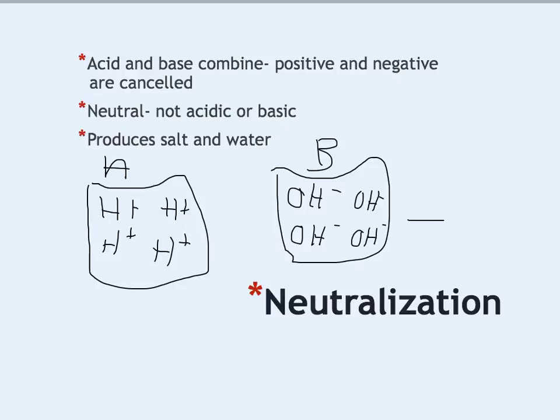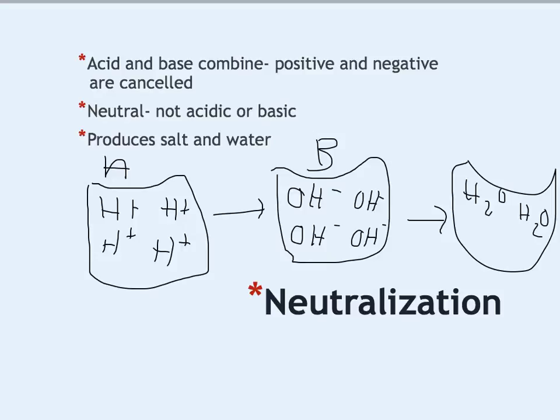because what's going to happen is, draw a little arrow over here, these 4 hydrogen ions are going to join with the hydroxide ions. And if you were to have a third beaker, you're going to have H2O for each one of those. So I drew 4 there. Each one of those would match up. So you have to have the right amount of acidic hydrogen ions bonding with the hydroxide ions.